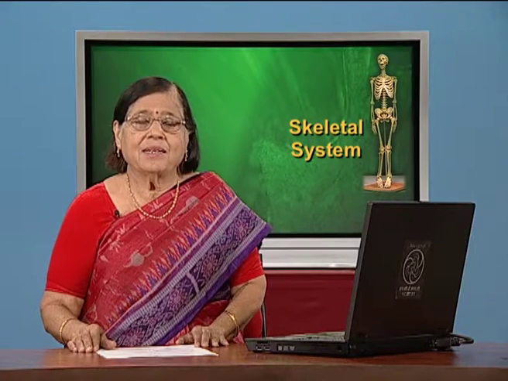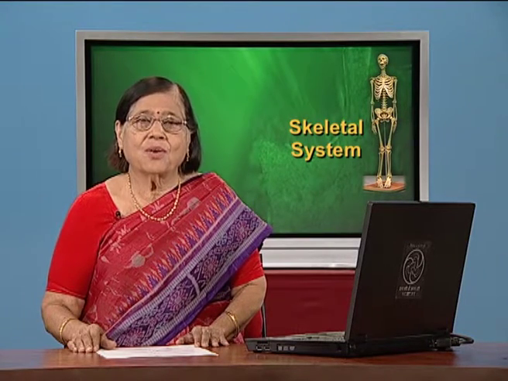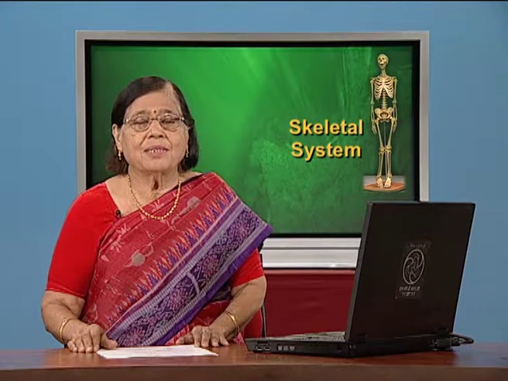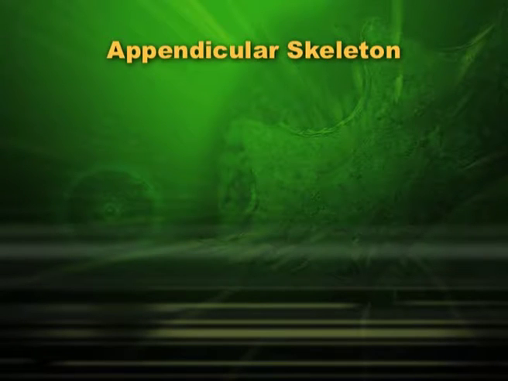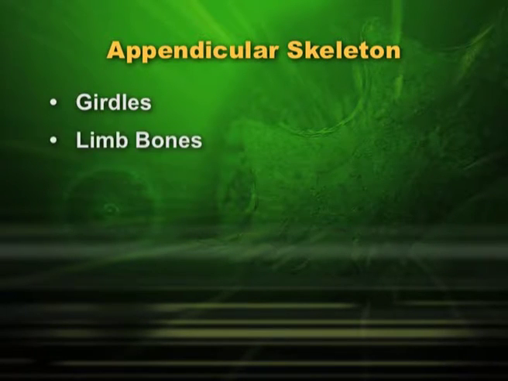Axial skeleton, which makes the axis of our body, includes skull, vertebral column and the rib cage, and appendicular skeleton will include the girdles and the limb bones.